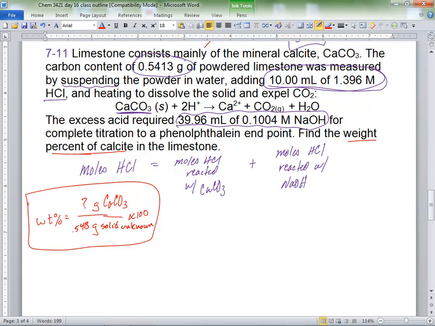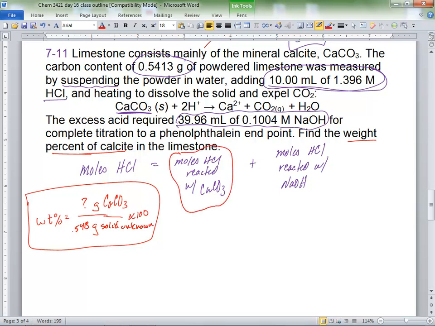The moles of HCl that reacted with calcium carbonate. If we do this, right? If you knew the moles of HCl that react with calcium carbonate, use the mole bridge to get it into moles of calcium carbonate, use molar mass to get it into grams of calcium carbonate, you're there. This is the one you need. We want this one.